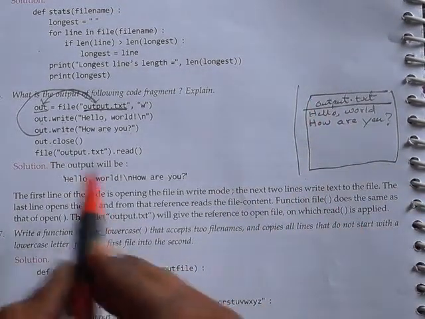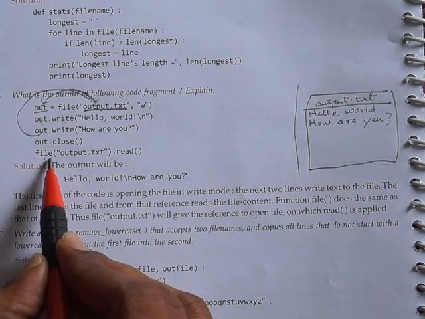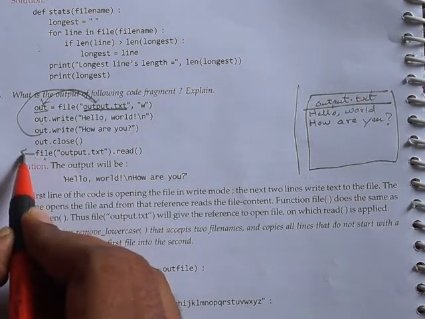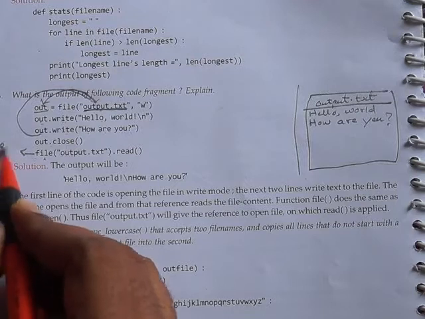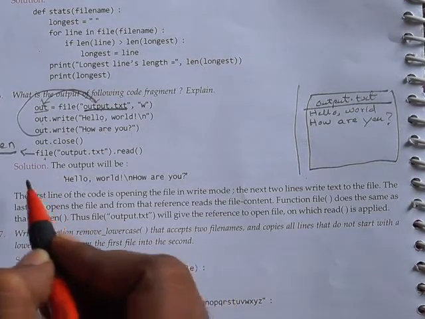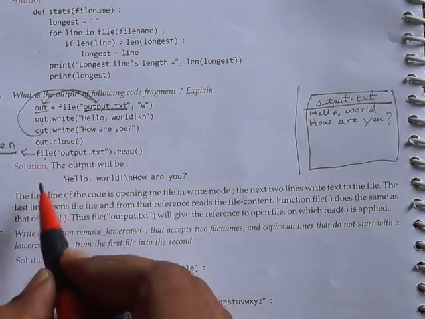Then file. What is this file? This file is a keyword which is an alternative for the open function. So output.txt will be opened again.